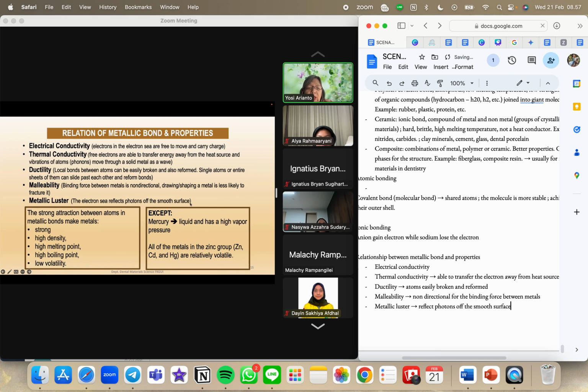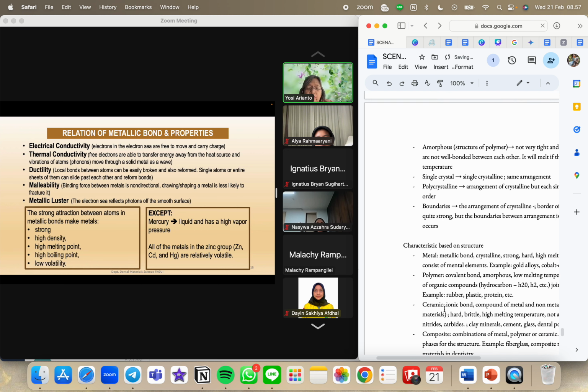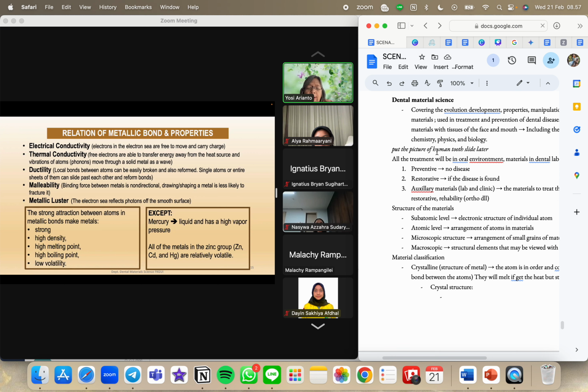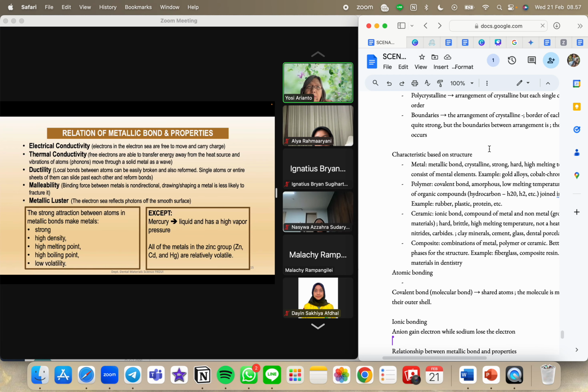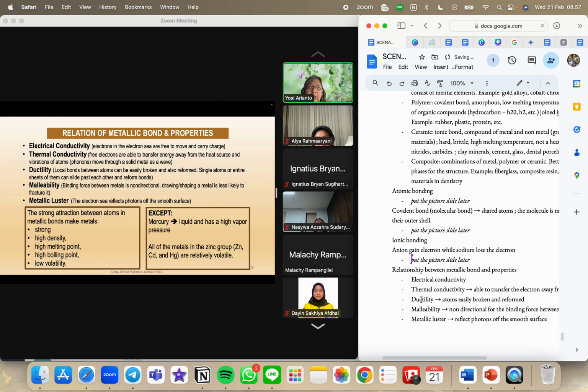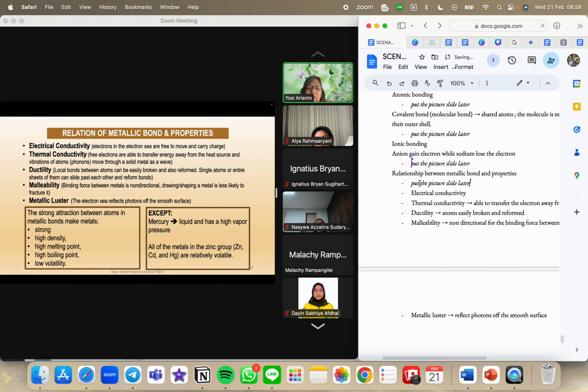But the condition is that the metallic surface should be shaped and very smooth, and then we give some polish material, so the metal can be very shiny, smooth, and have luster, glossiness.